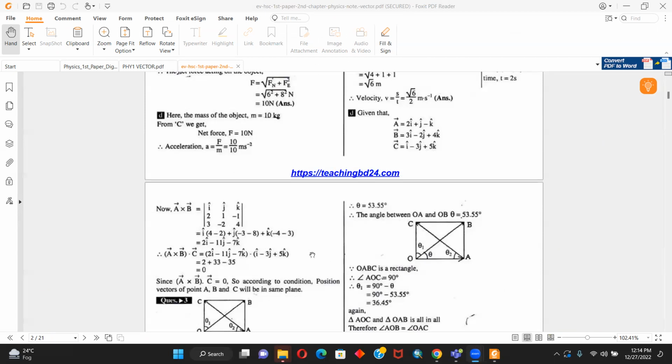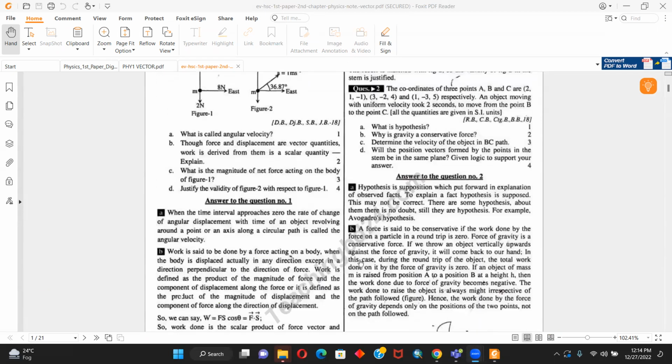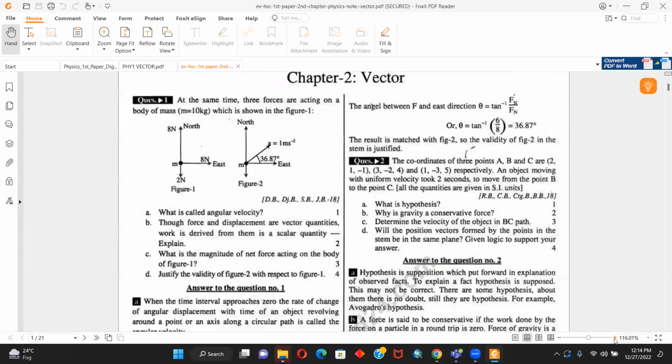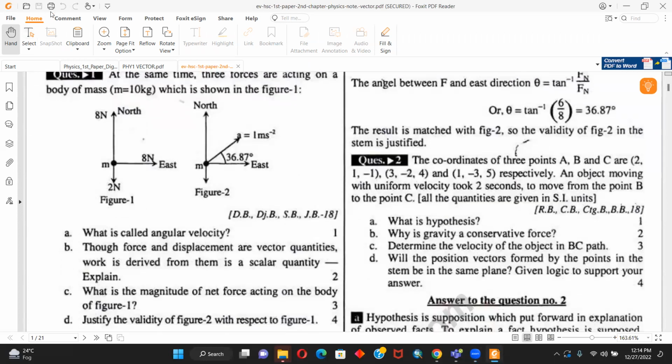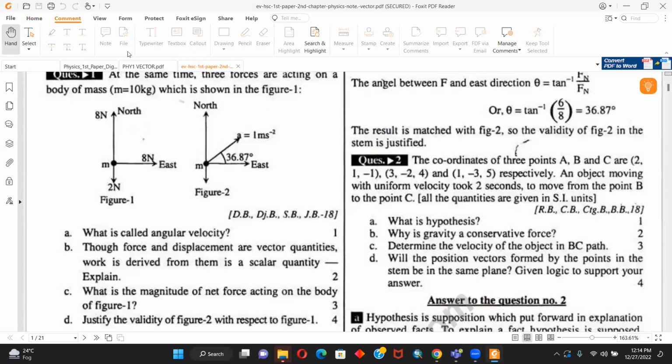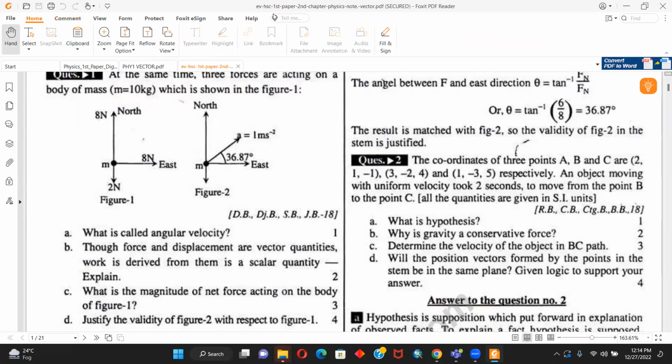Whenever you get this question, there are three position vectors given, and they ask you if they will be in the same plane.